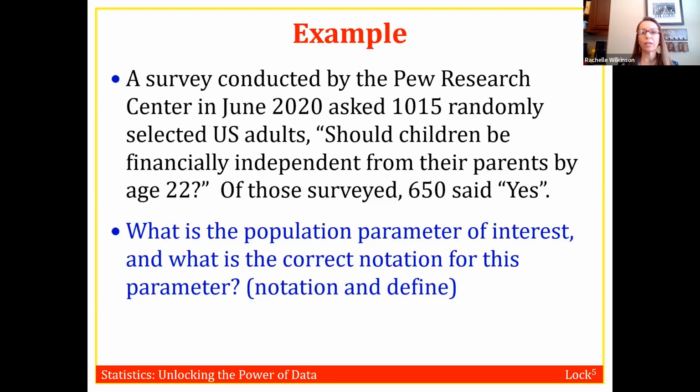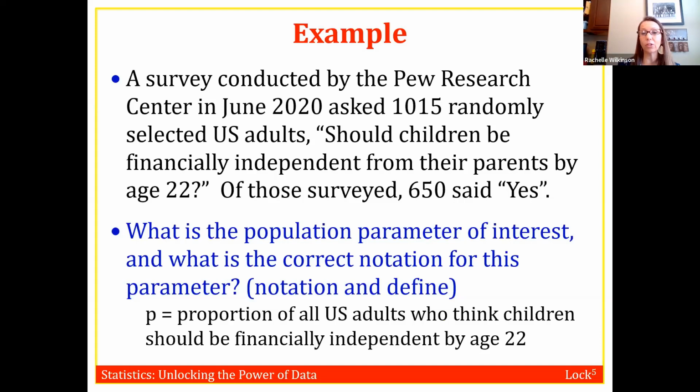So if I'm dealing with a categorical variable, then my notation for my parameter is going to be P. Okay, so P is my parameter. That's the notation for my parameter. And now I want to define what P is in the context of this problem. So I'm going to say P equals, and then I'm going to write out exactly what P represents for this problem.